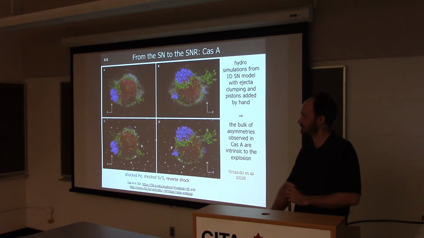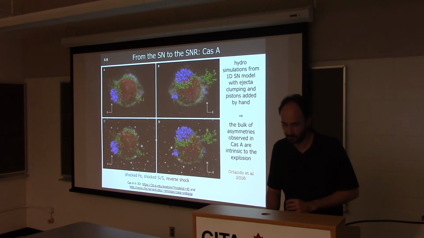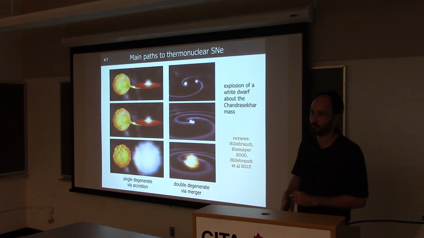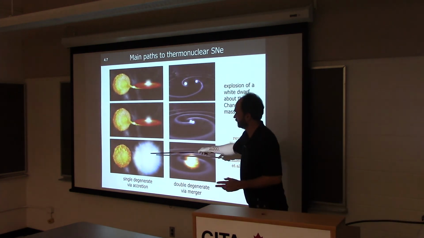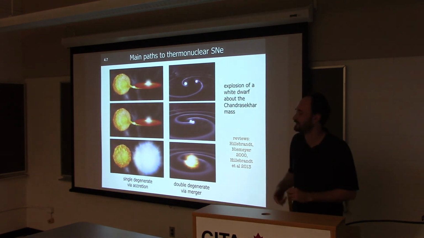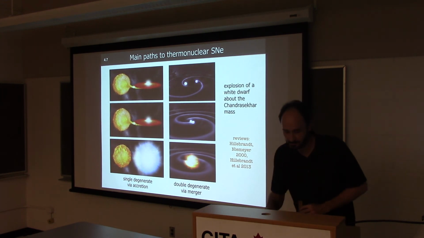Okay, so can I get a few more minutes so that I can actually show the main thing that I am currently doing, which is on thermonuclear supernovae, so the explosion of a white dwarf. We still don't know if it's a single white dwarf that's accreting or 2 white dwarfs that are merging, or maybe other scenarios.